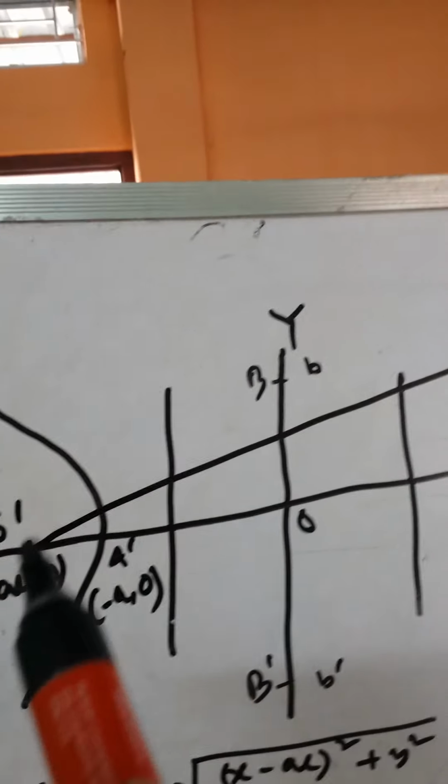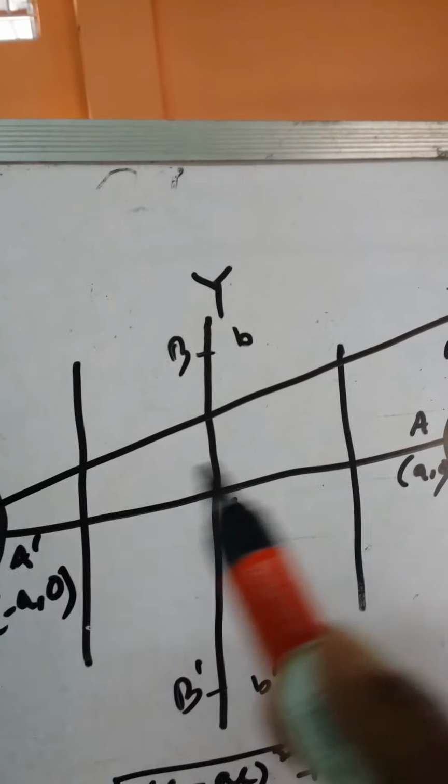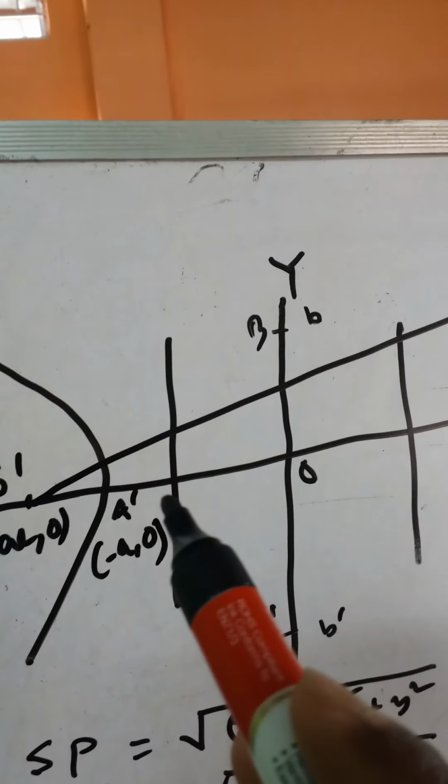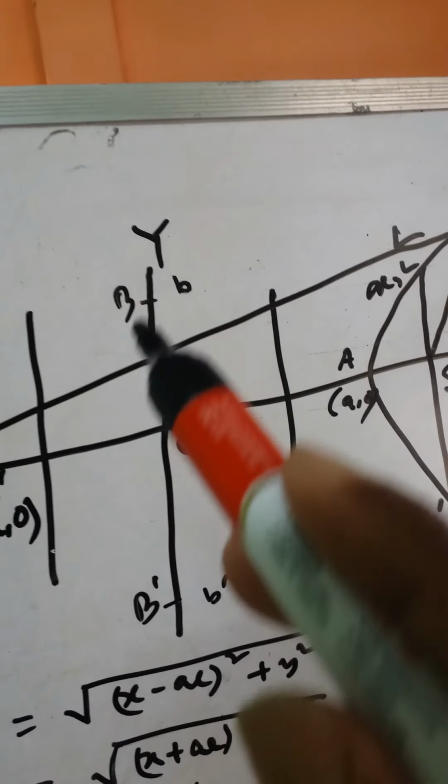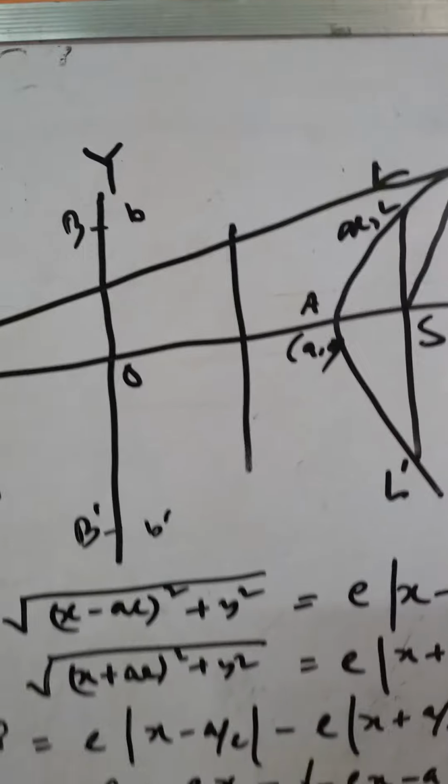Now this, A and A dash equal to 2a, that is the transverse axis, and 2b is the conjugate axis.